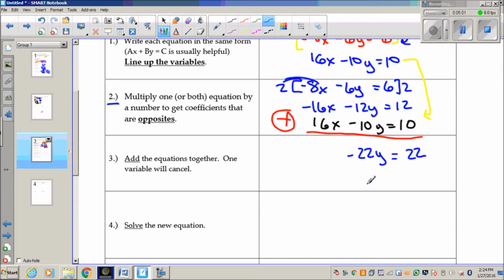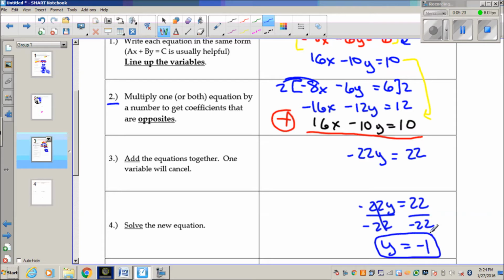So this is a very easy equation to solve. The x's are eliminated, so step 4, when I solve this, I just have negative 22y equals 22. I'm going to divide both sides by negative 22, and I get y equals negative 1.